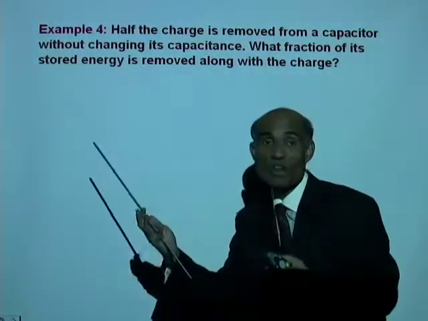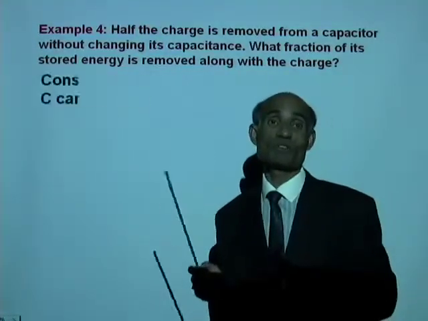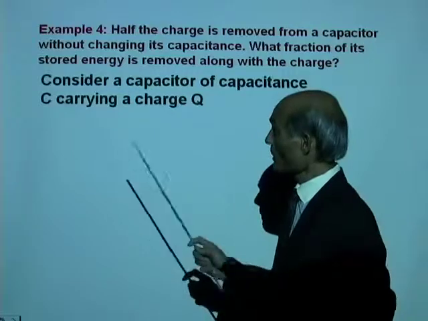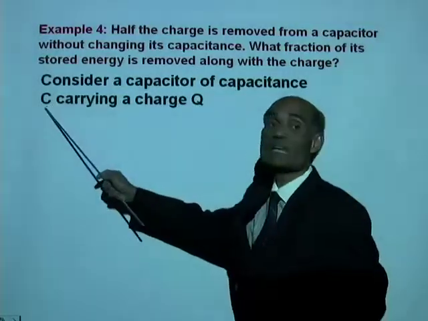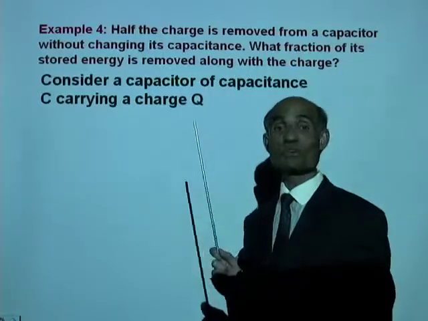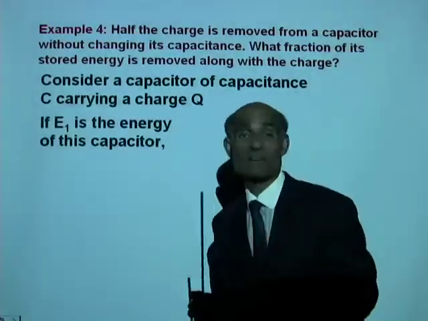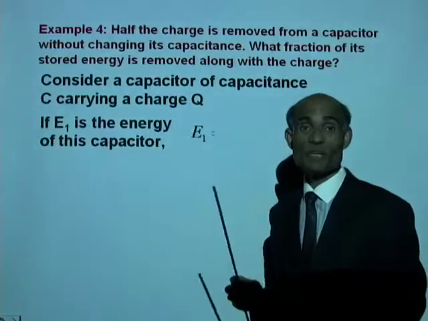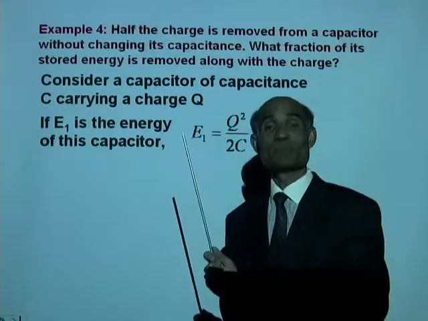Find the fraction of the stored energy that is removed along with the charge. Alright, let's consider a capacitor of capacitance C carrying a charge Q. What is the energy E1 of that capacitor? E1 equal to Q squared over 2C.